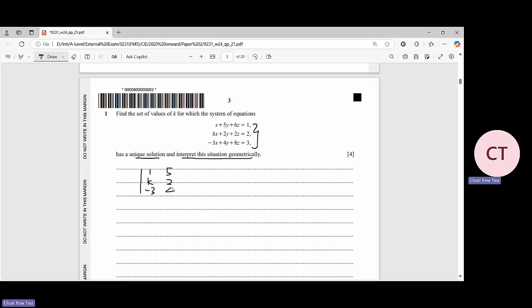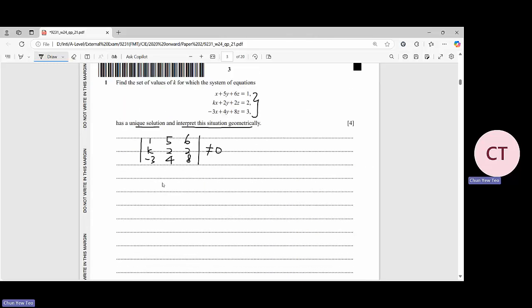5 to 4 here, 6 to 8 here, not equal to 0 in order to have a unique solution. After that we find the determinant. This will be 16 minus 8, minus 5 of 8k plus 6, then plus 6 of 4k plus 6, not equal to 0.